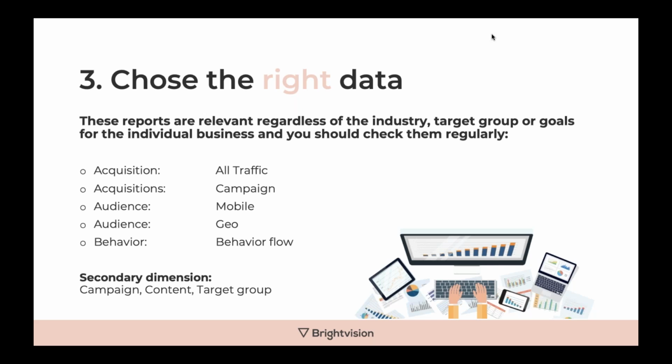So don't be worried if that happens. It's probably just about the server being placed in a different location than the people actually are. But this report is a great way to just control that your traffic is in the right target group and that you are giving them the right options so that they can use your page in the right way.